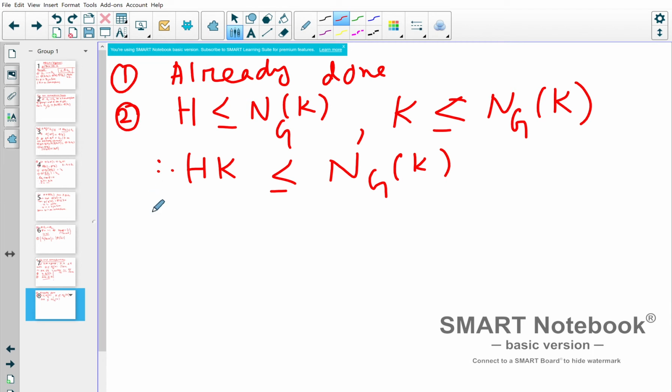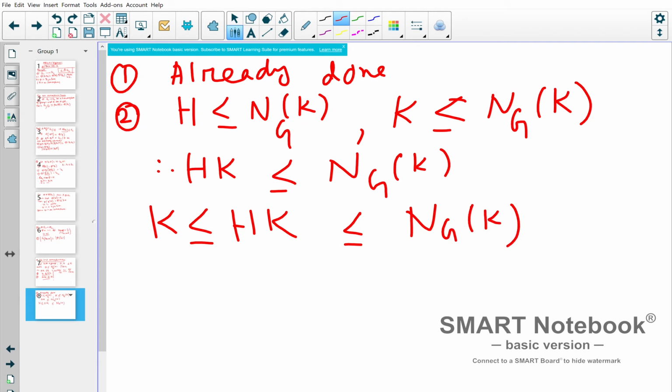And you check that HK contains K. Now K is normal here, right? So what do you need to check? You need to check that K is also normal here, and how do you prove K is normal here?